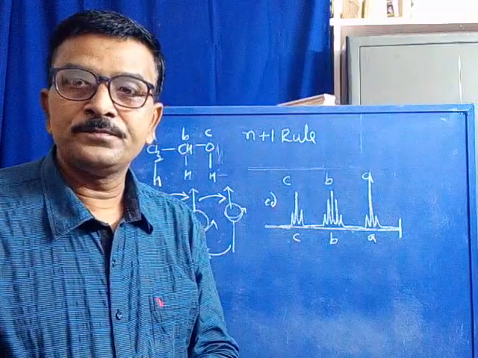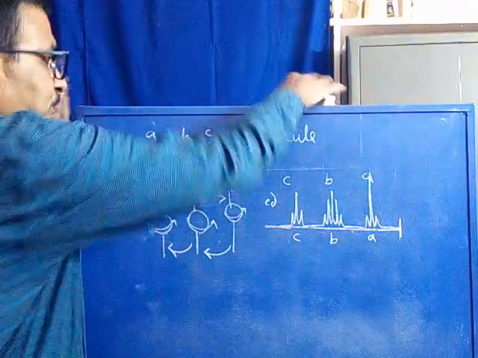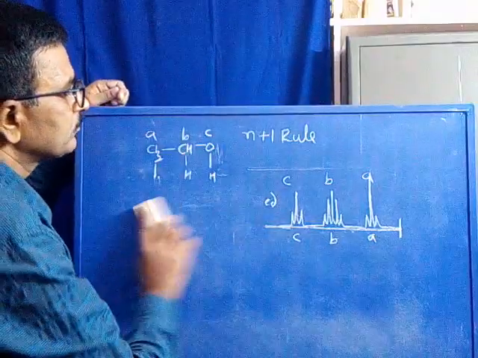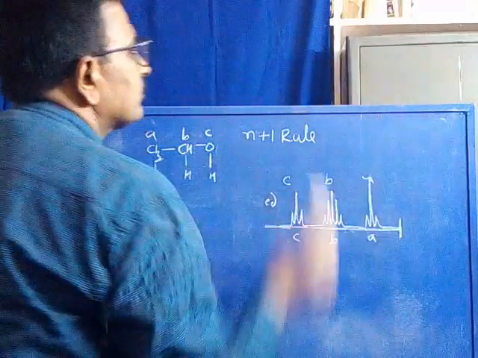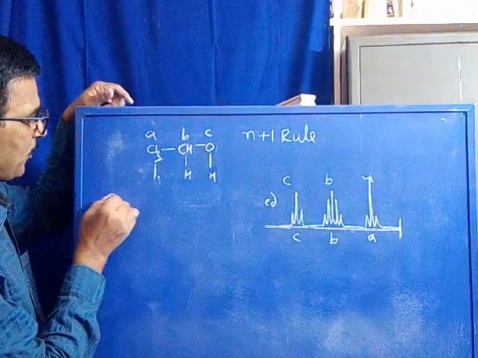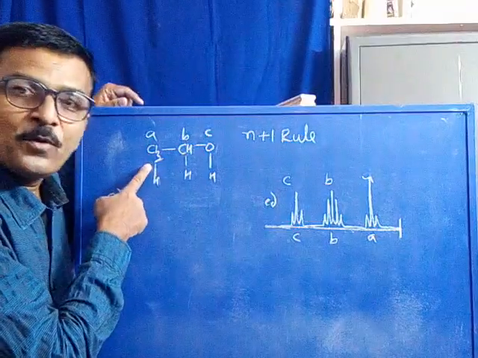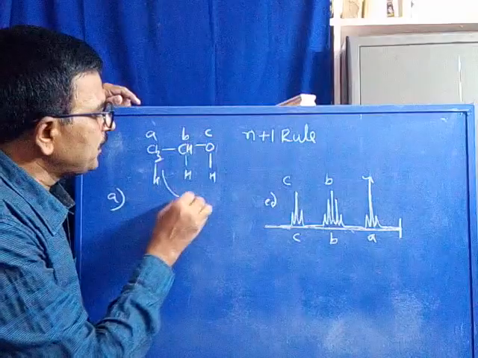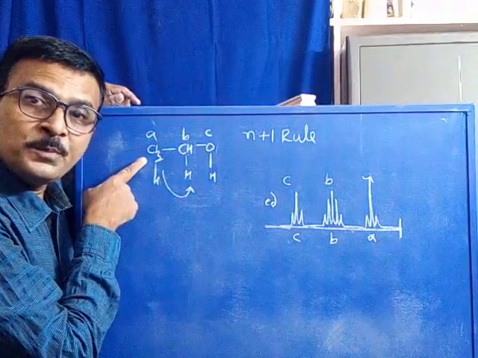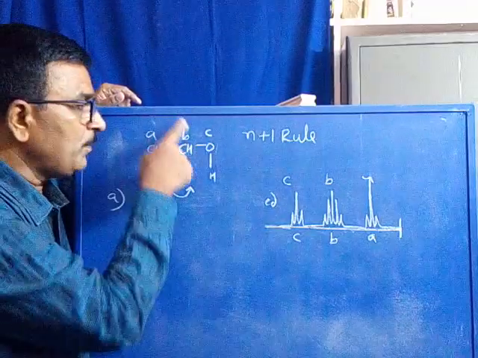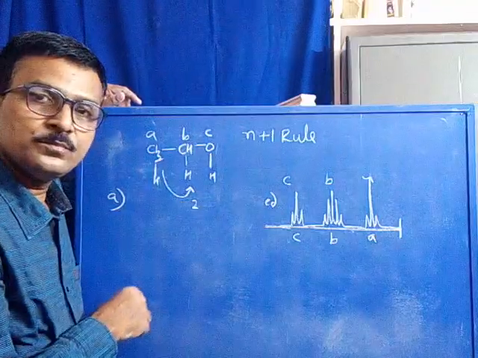Let us find out why CH3 appears with 3 lines. Now for A proton, the CH3 proton, it is coupled with CH2 proton. For the CH3 group, how many adjacents are there? 2 adjacent. n is equal to 2.